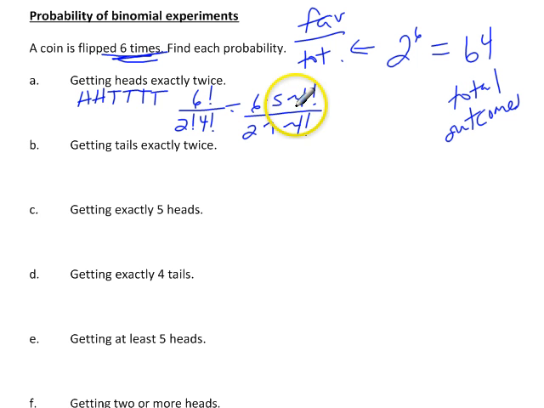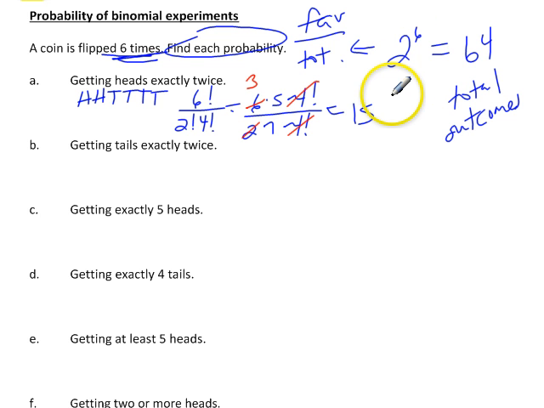That's getting a little messy, isn't it? The 4 factorials cancel. 2 goes into 6 3 times, and 3 times 5 is 15. So there's 15 ways to get heads exactly twice, but what we want is the probability. It says find each probability. So the probability that that happens is 15 out of 64, because we know we had 64 total outcomes.